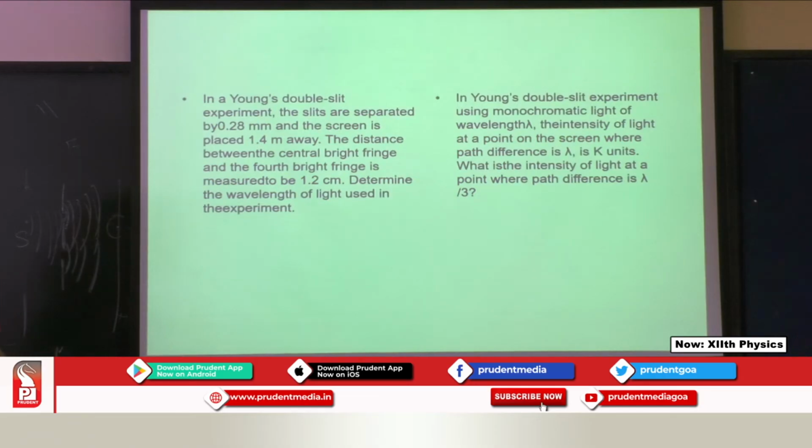So now we have a small problem. In Young's double slit experiment, the slits are separated by 0.28 millimeters and the distance between the central bright fringe and the fourth bright fringe is given. Determine the wavelength of light used in the experiment.